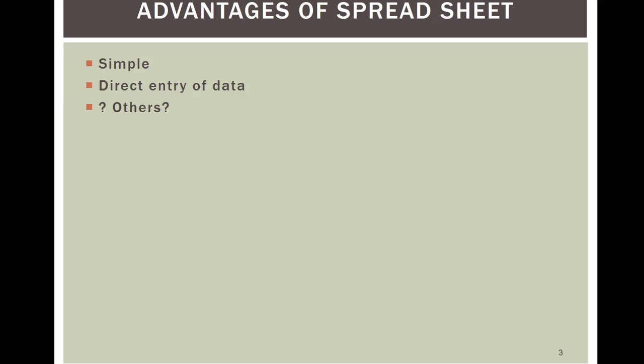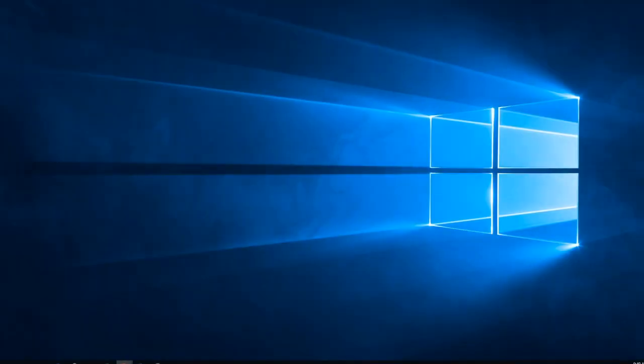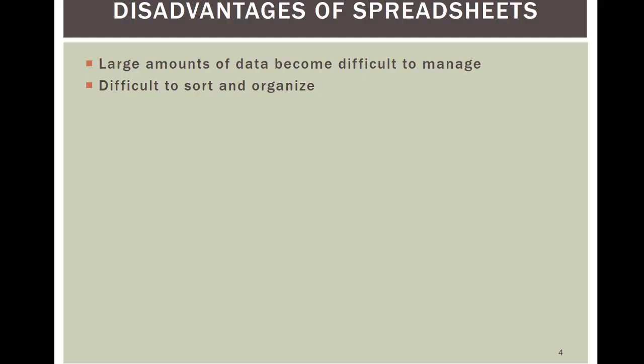So what a database does, you can sort a spreadsheet. All right, you can sort things, and you can do a lot of different things.